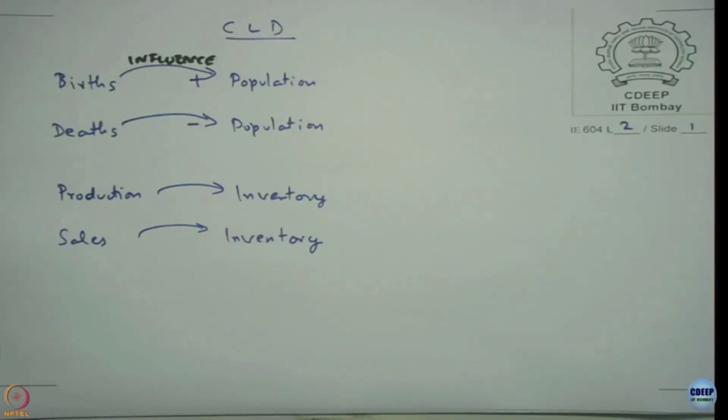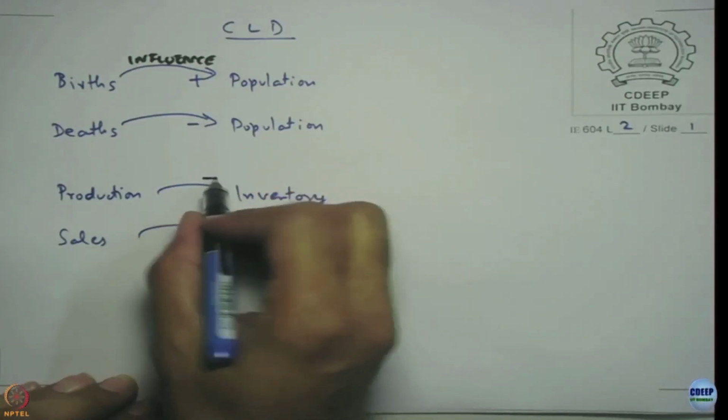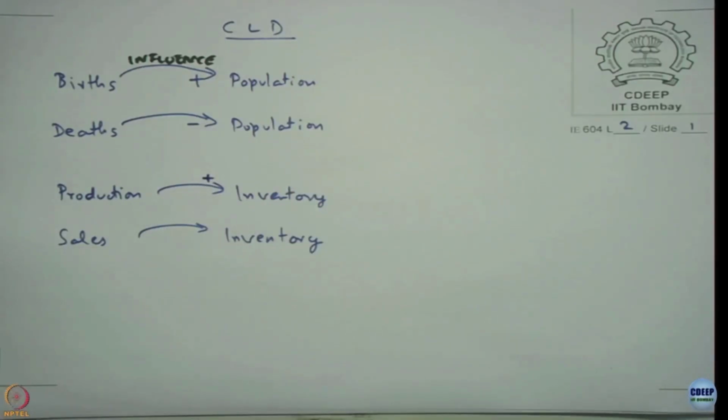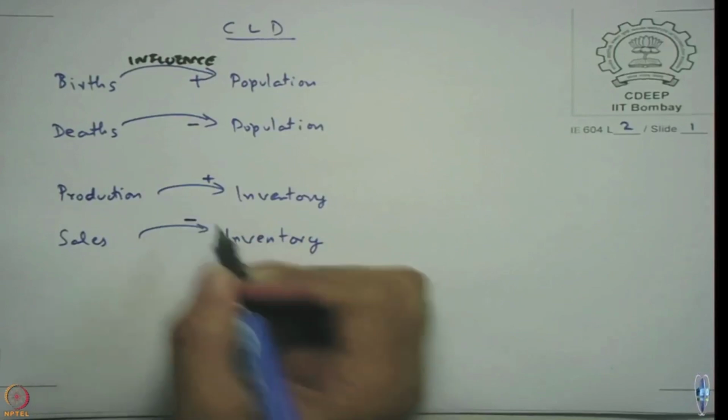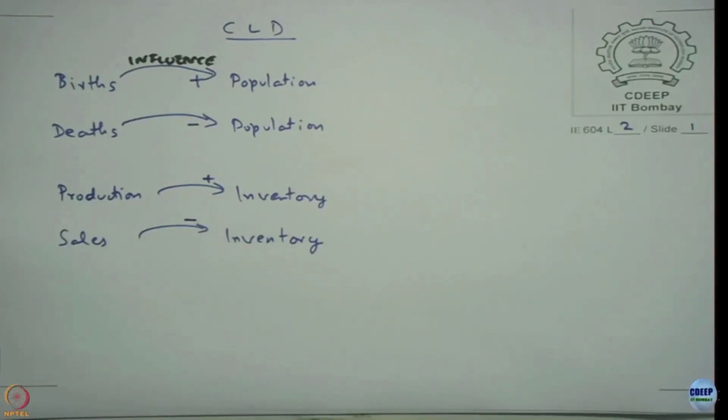Now, as more production happens, the inventory on hand should increase, correct. So, we can indicate that by a plus, and as sales happen, inventory decreases. So, sales increase, my inventory is going to decrease. So, I am going to put a minus sign against sales and inventory.